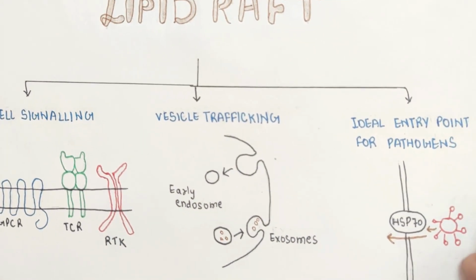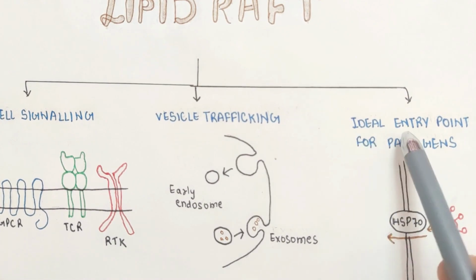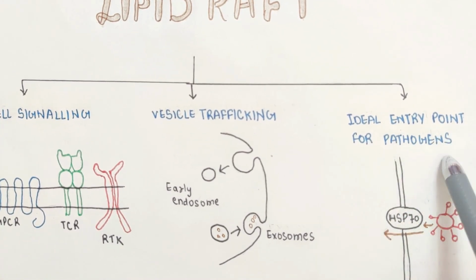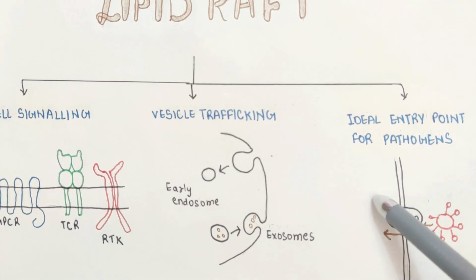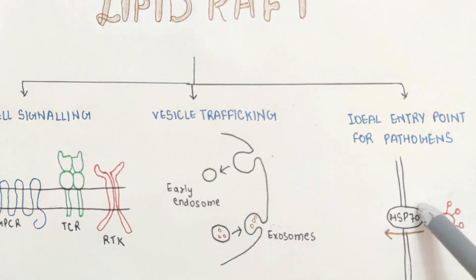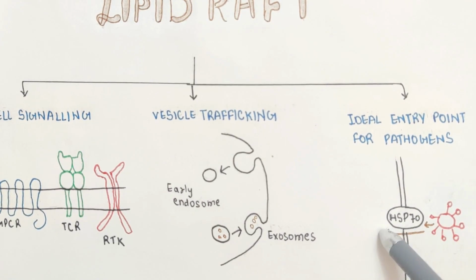And apart from this, these regions also serve as ideal entry points for pathogens. These domains contain specialized HSPs, or heat shock proteins, that enhance the stability of these domains, and many pathogens use these HSPs as binding sites to enter the cell.